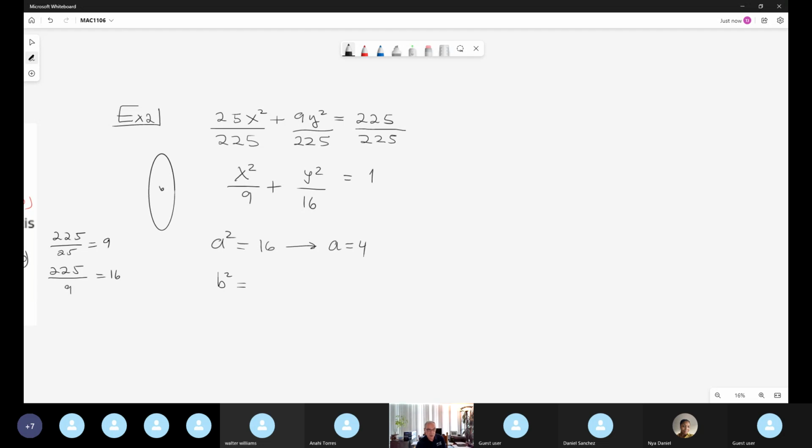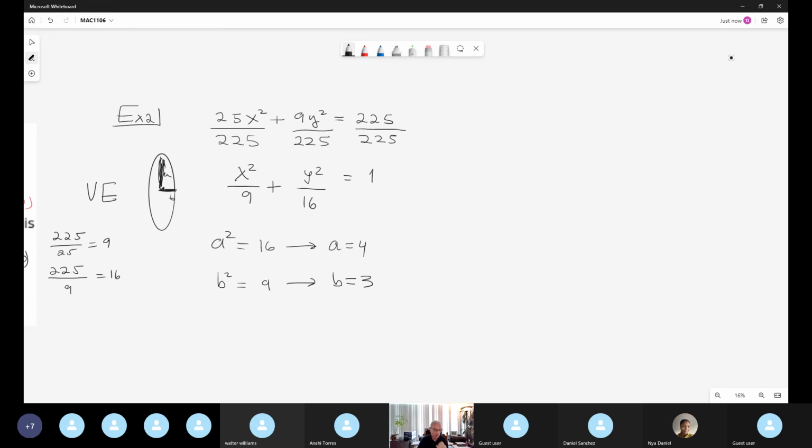Because the center is in one hypothetical point, and this is A, and this is big, this is small. Do you follow me? Yes or no? Likewise, B squared is 9. Therefore, B alone is 3. So this segment is 4, but this segment is 3. So we are in the presence of the vertical ellipse.